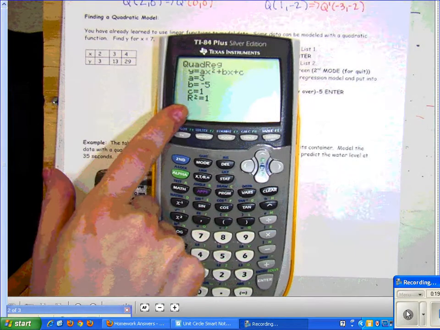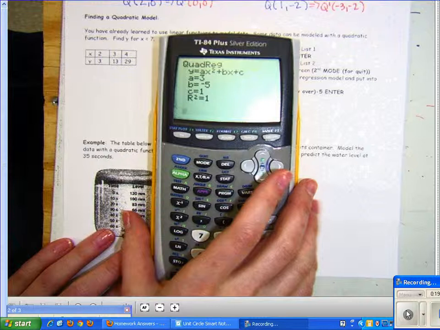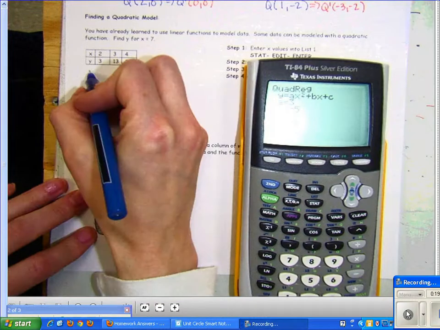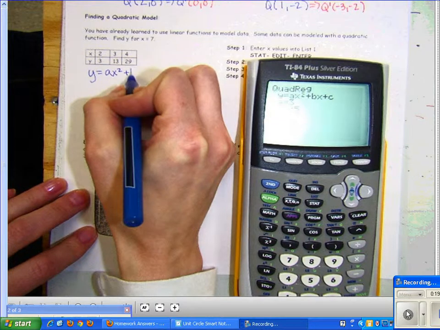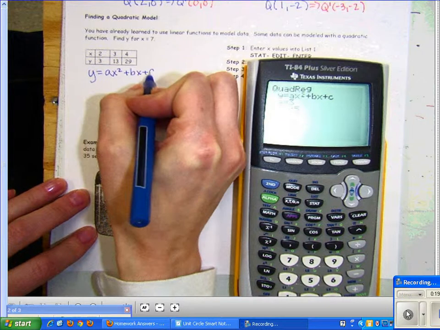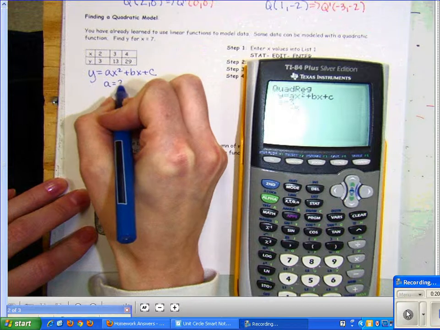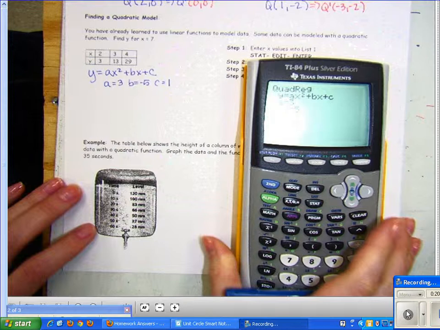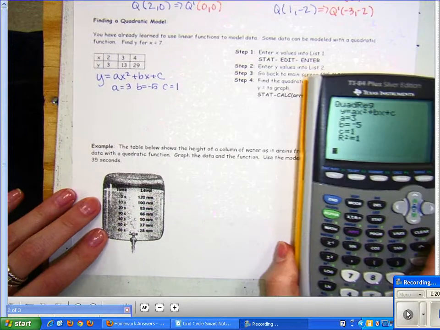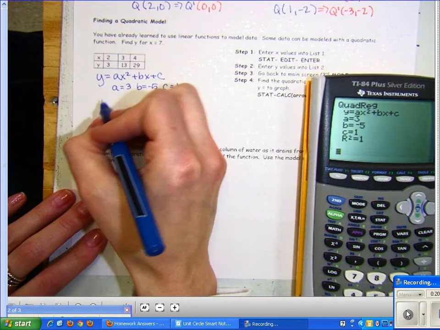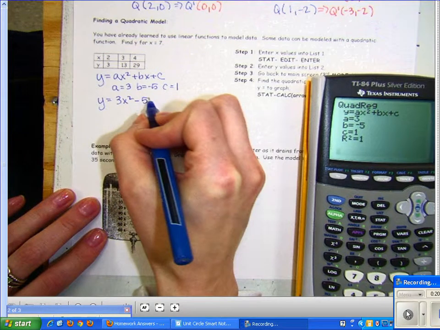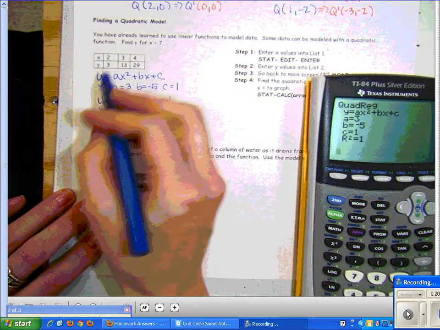We'll talk about this r squared value later, but let's write down these values. My a value is 3, my b value is negative 5, and c is equal to 1. So with those values, I can write my equation: y is equal to 3x squared minus 5x plus 1.